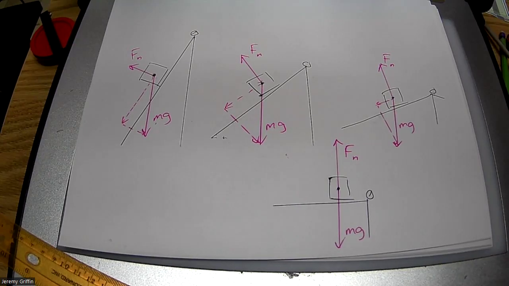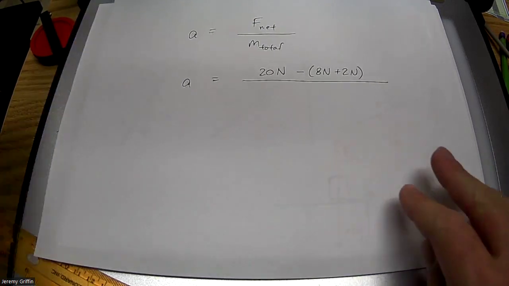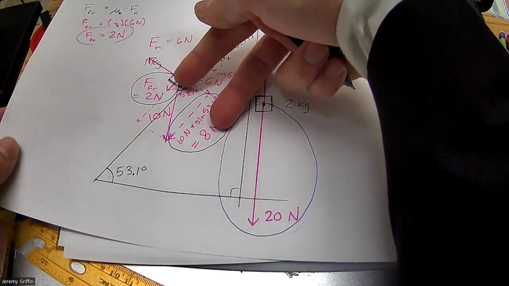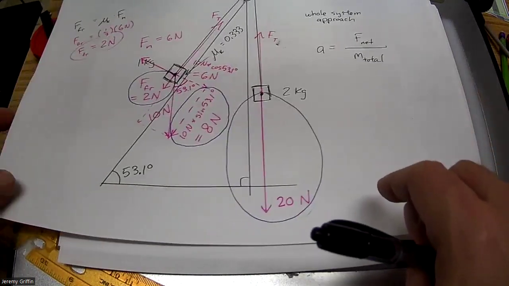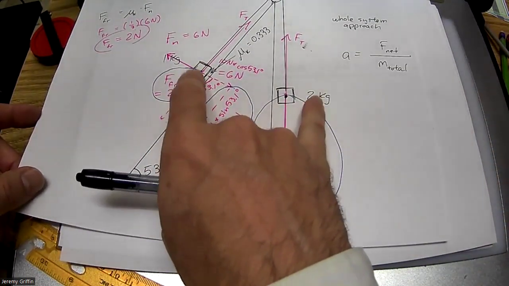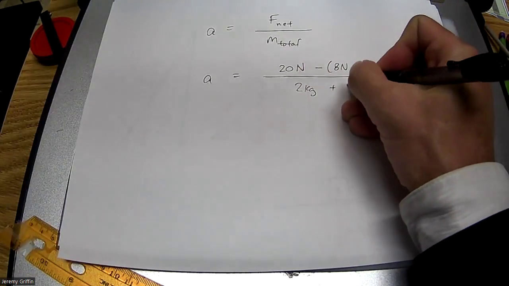Okay, so you guys see that? All right. So back to here then. I got 20 newtons saying let's go clockwise. We got the 2 and the 8 in conjunction pulling back counterclockwise. Okay, and how much mass is being moved? 2 plus 1, right? So 2 kilograms and also another kilogram.